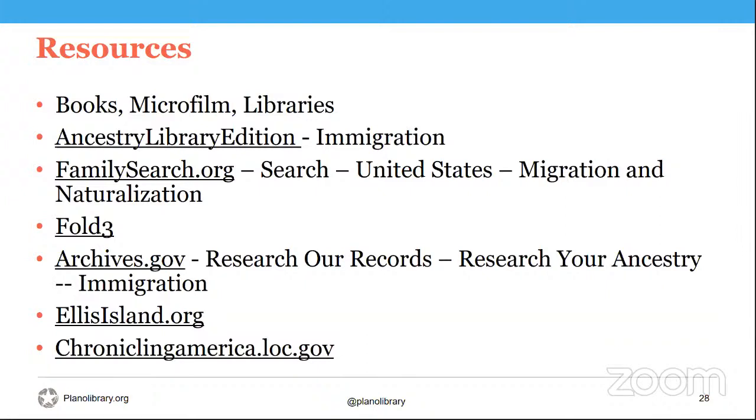There are ways to get to early passenger lists in Boston or New York by going to their early newspapers. Also at Chronicling America, if you're looking for other newspapers, it will tell you where other newspapers are located and if they're available for interlibrary loan. And we can help you with that further.